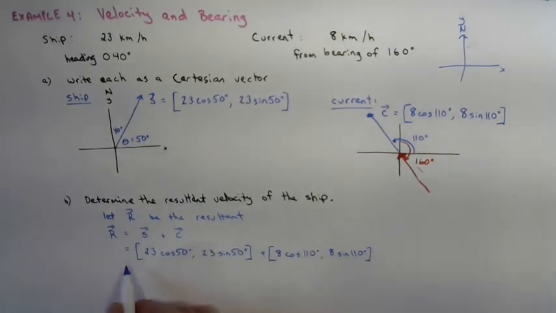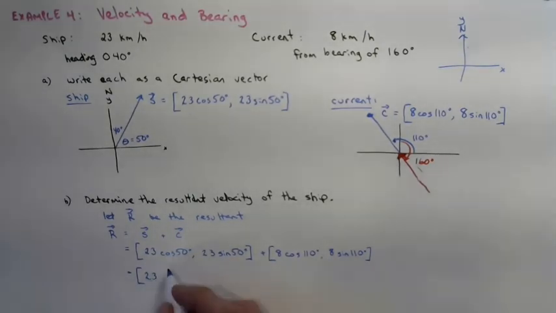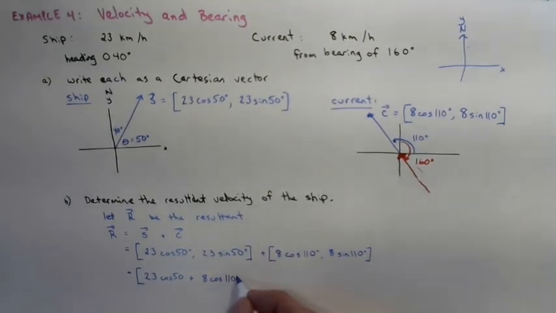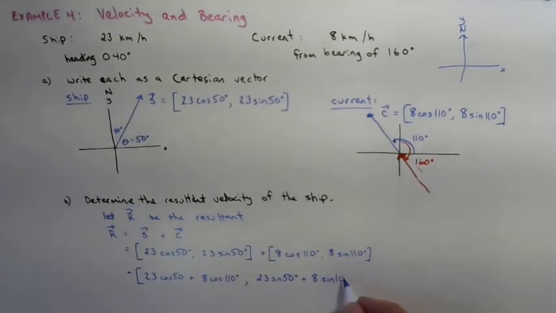And now in order to get the resultant, I need to add the horizontal components and then the vertical components. So here's our vector. It's 23 cos 50 plus 8 cos 110, comma 23 sine 50 degrees plus 8 sine of 110.